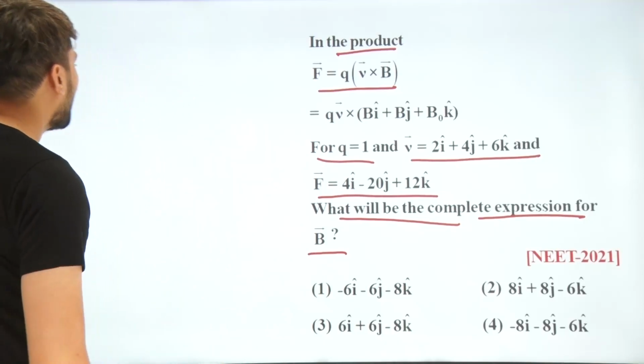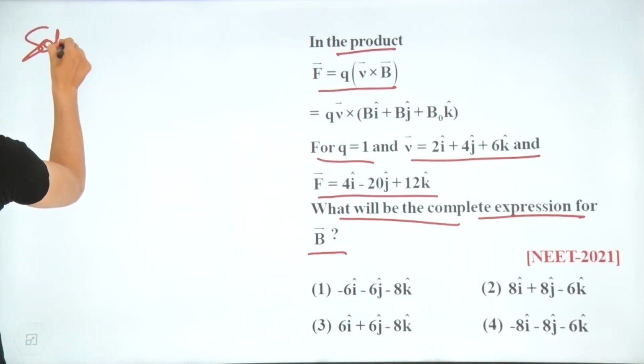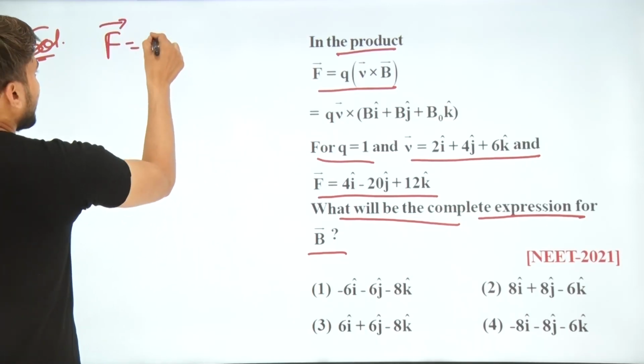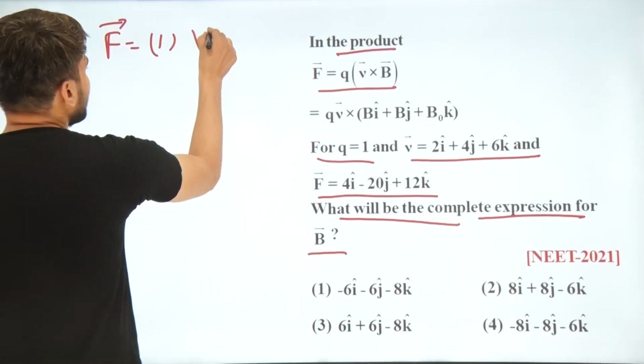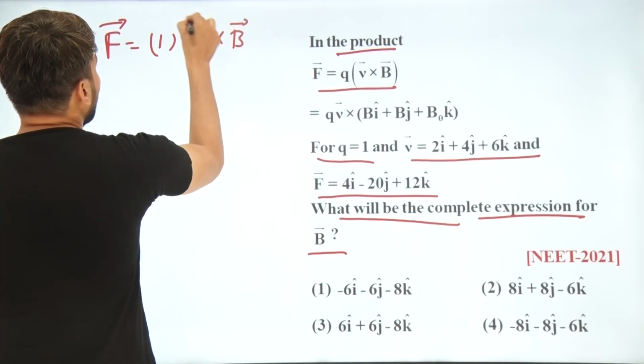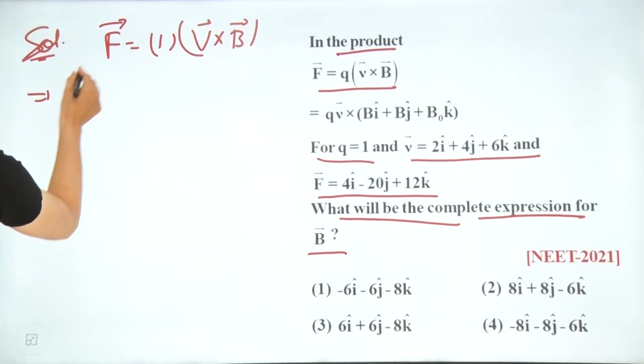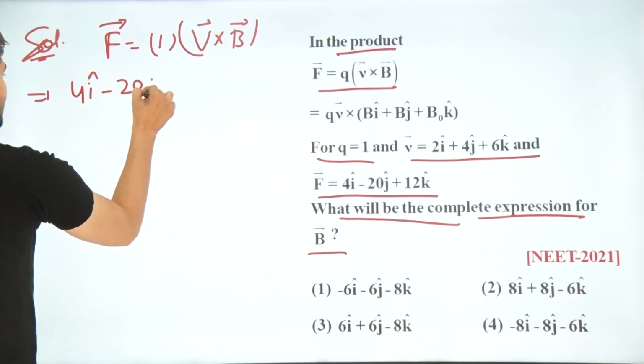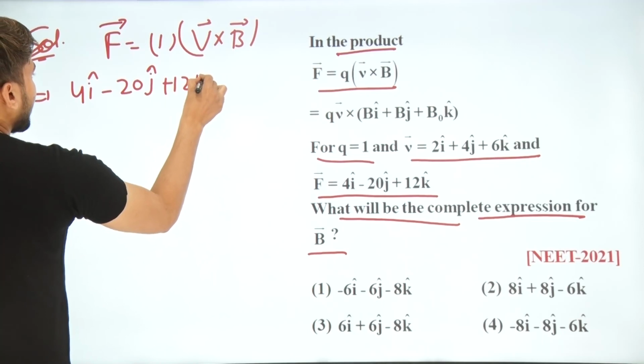Friends, the equation we are given is F is equal to q, the value of q is 1, v cross B. And the value of F is given as 4i cap minus 20j cap plus 12k cap.